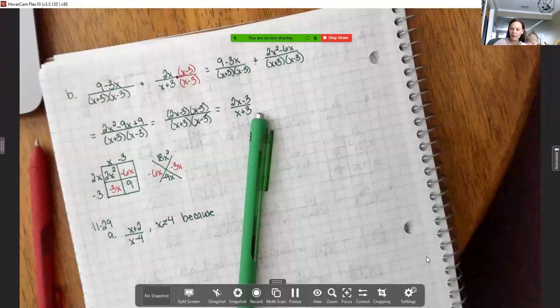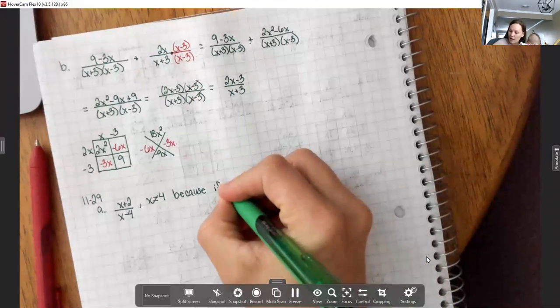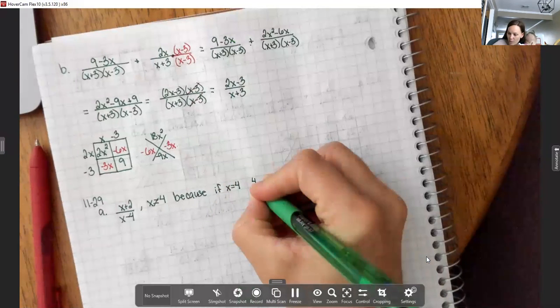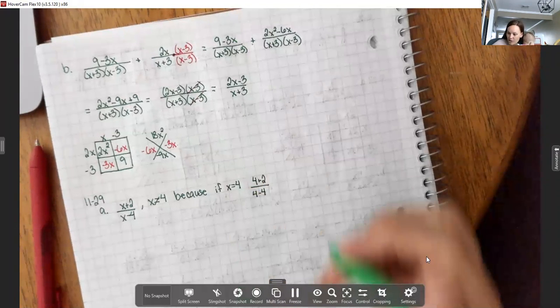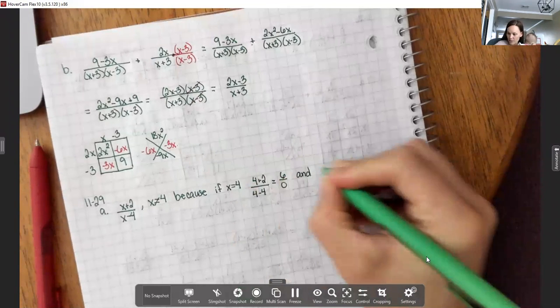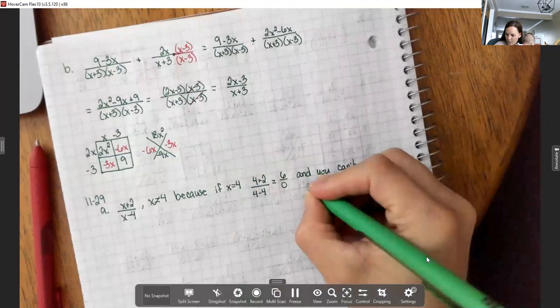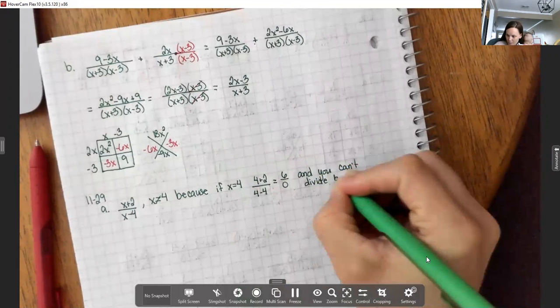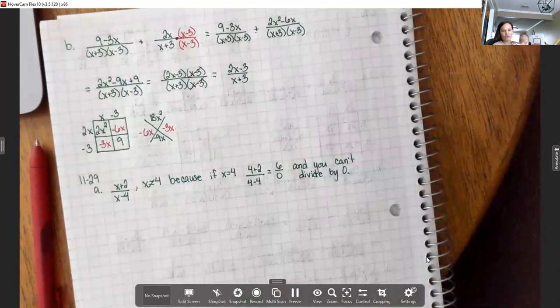So x doesn't equal 4 because if x equals 4, then we have 4 plus 2 divided by 4 minus 4, which is 6 divided by 0, and you can't divide by 0. So that's why x isn't allowed to be 4. Remember, to determine your excluded values, you just set your denominator equal to 0.